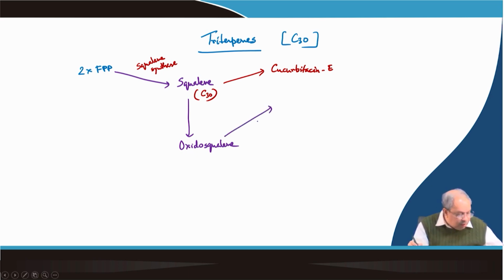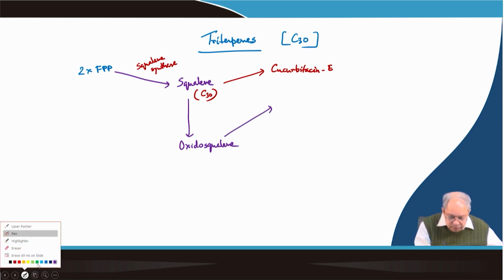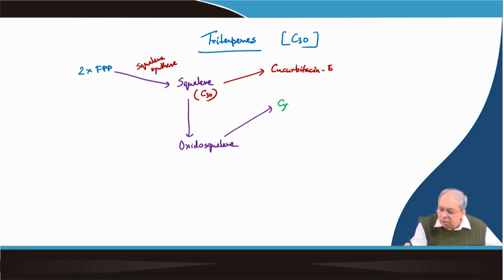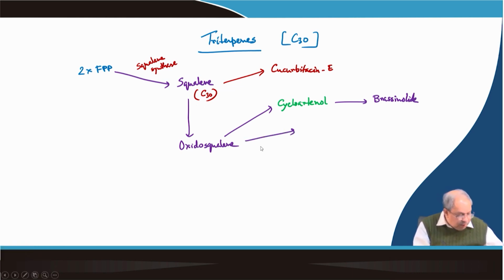For example, cycloartenol, from which brassinolide is synthesized, and from oxidosqualene another route contributes towards the formation of beta amyrin.